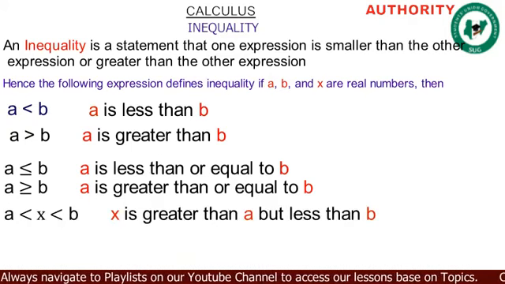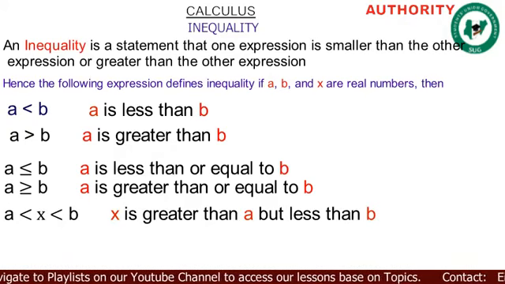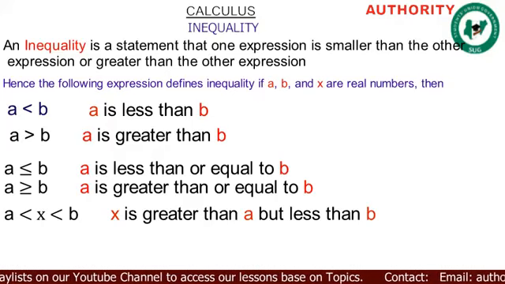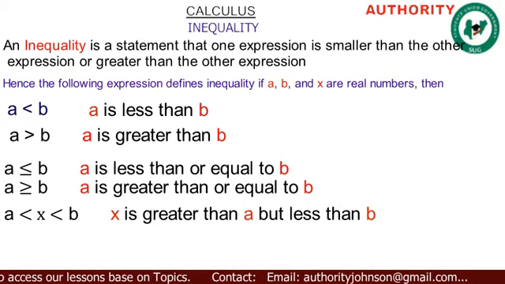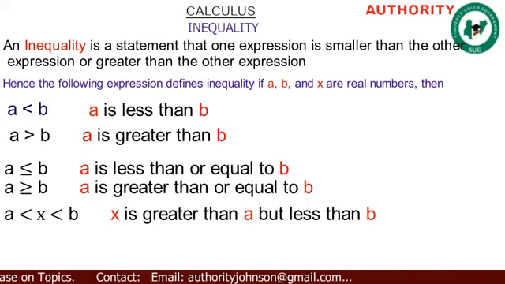This is simply saying that X is greater than A but less than B. If you want to pronounce this, we're going to start from the center to the left and then from the center to the right. So that means we say X is greater than A but less than B.